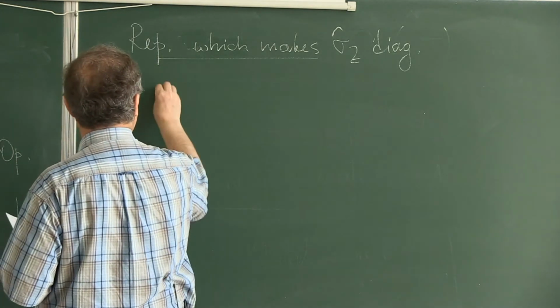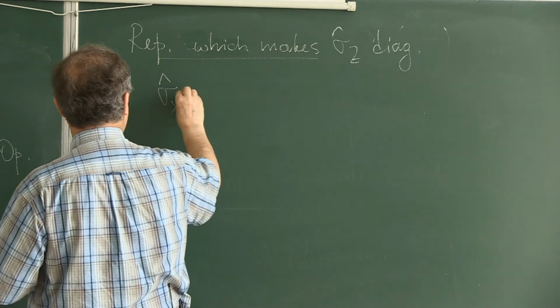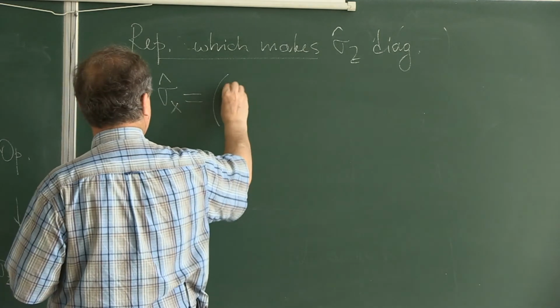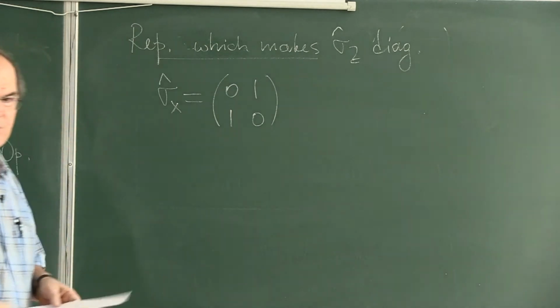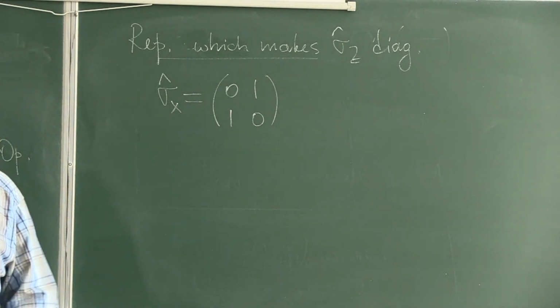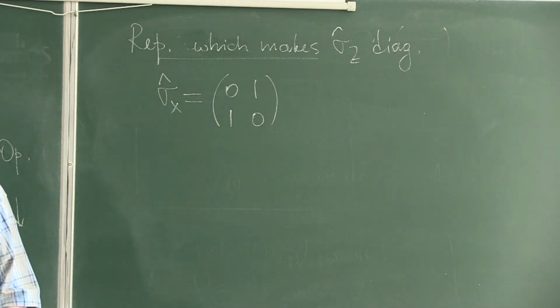In this representation, Pauli spin matrices have the following form. You can, of course, make a unitary transformation to other representations in which sigma x is diagonal or sigma y is diagonal. Okay? That means you can apply your field in any direction, or you can call the direction of your field any direction you like.